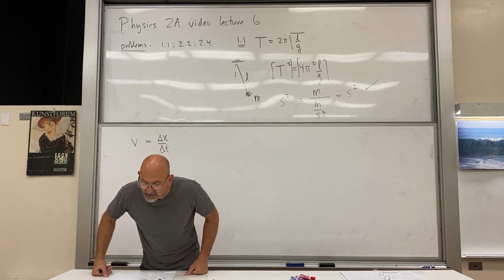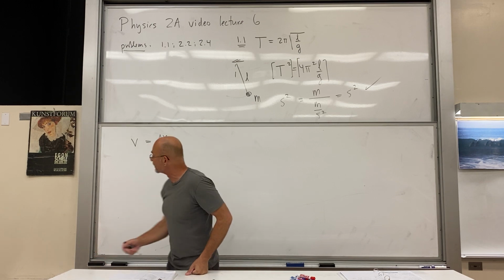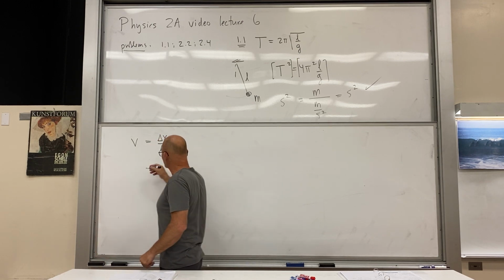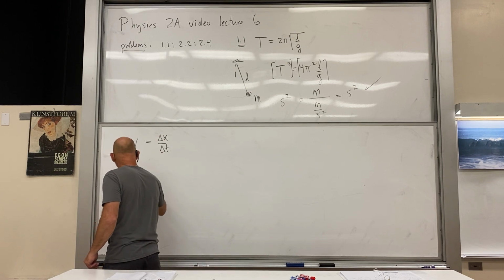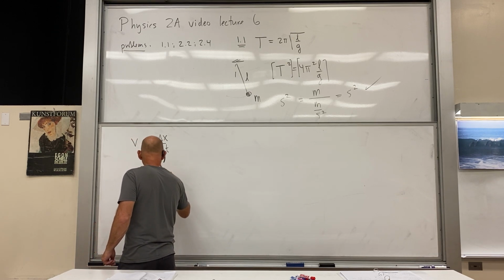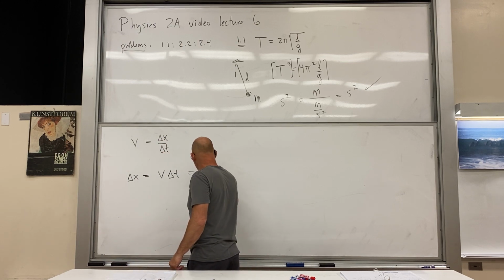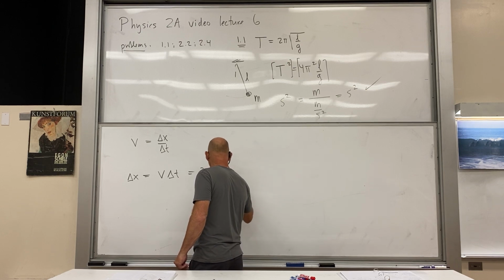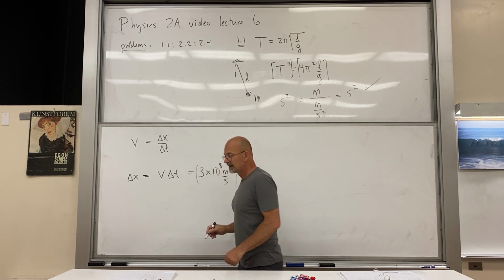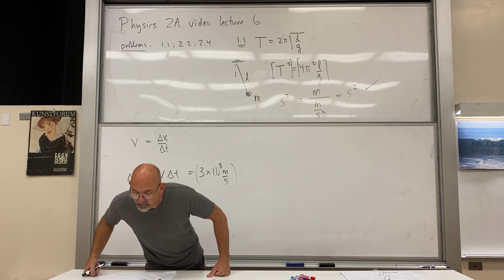So let's see what they asked us. How many miles does a pulse of light travel in a certain amount of time? Well, we're solving for the distance, so the distance equals v delta t, and now we learn that we have 3 times 10 to the 8 meters per second. That's the speed of light, and our little increment of time was just 0.1 seconds.